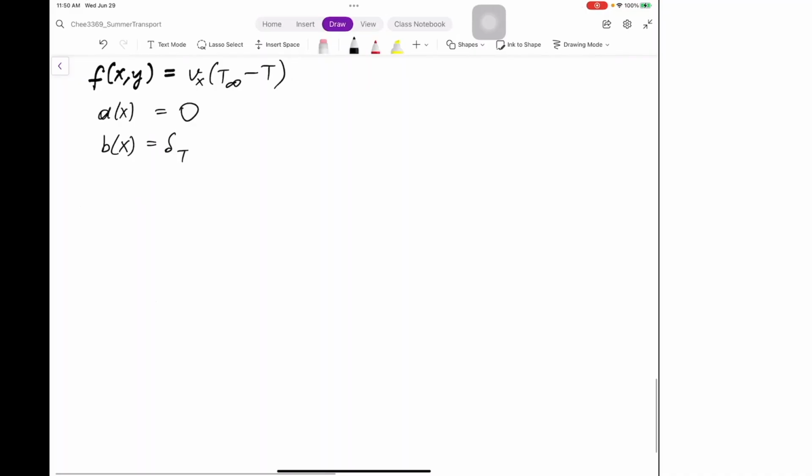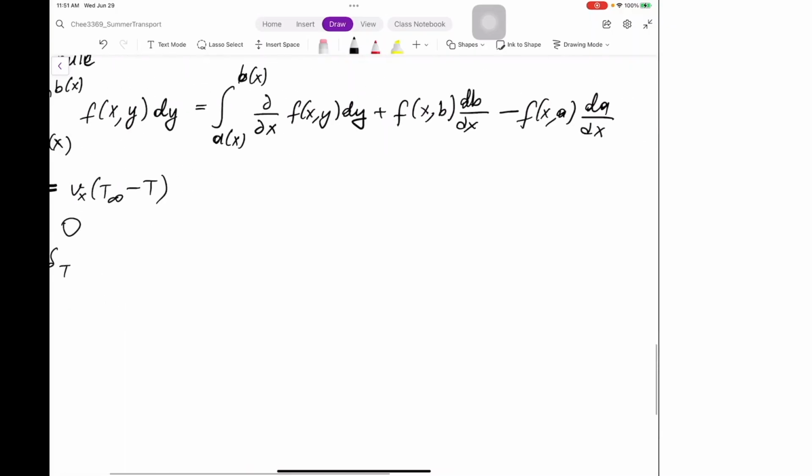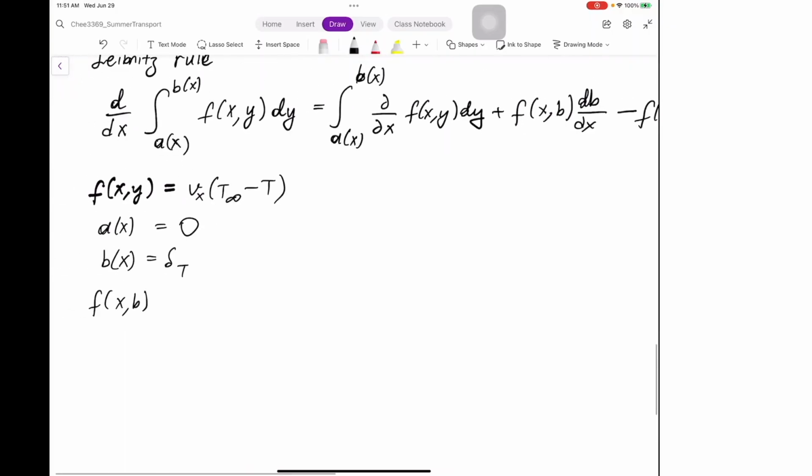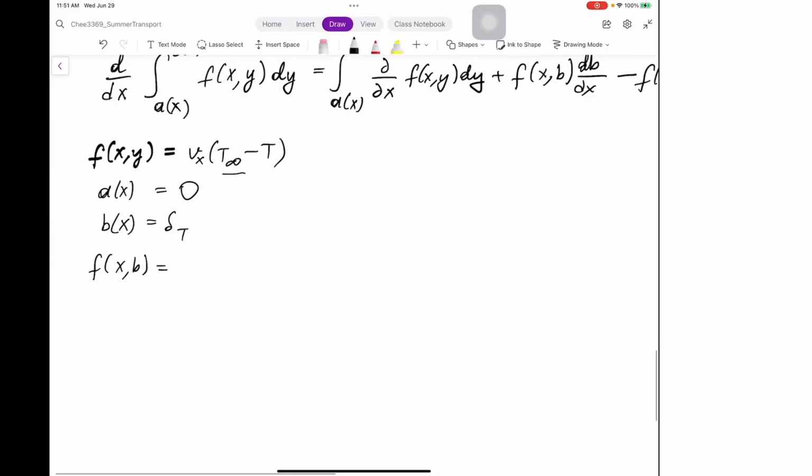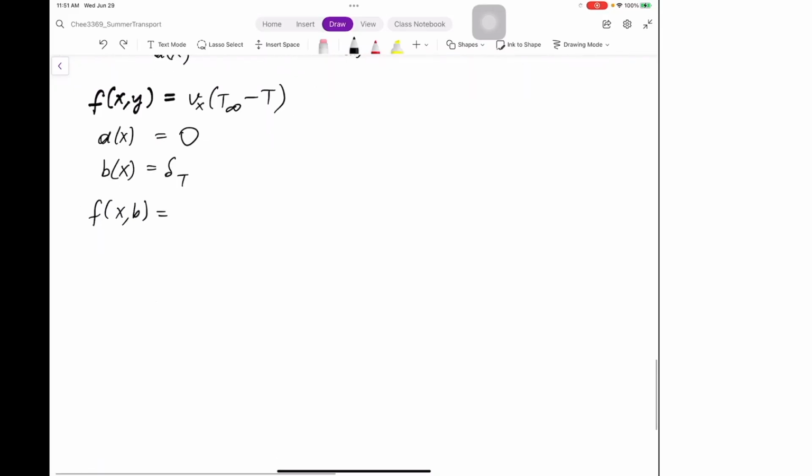And f of x comma b is equal to this term evaluated at delta t, right?